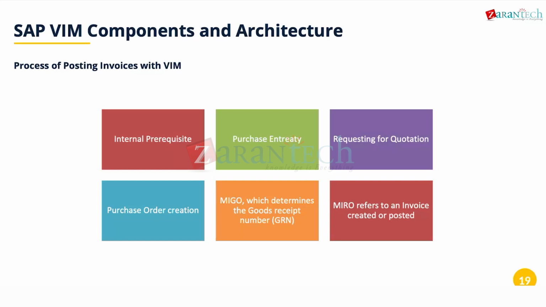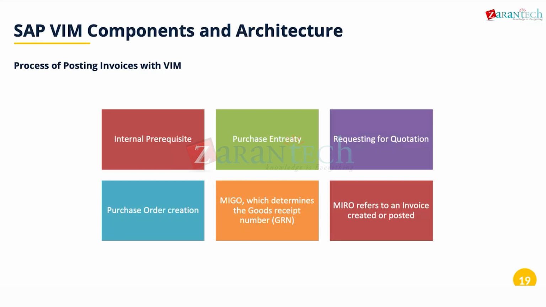So we are talking about the general P2P cycle. This is not related to non-purchase orders. In the purchase order based flow, generally we have something called a purchase requisition, which gets created. A purchase requisition is a document in your internal organization raising, hey, I need these kinds of materials or services with an expected date.